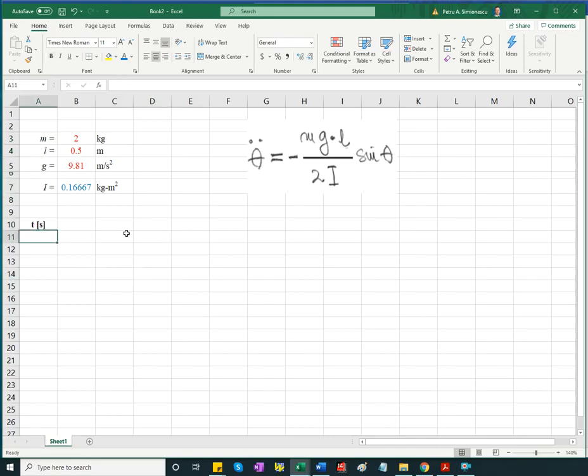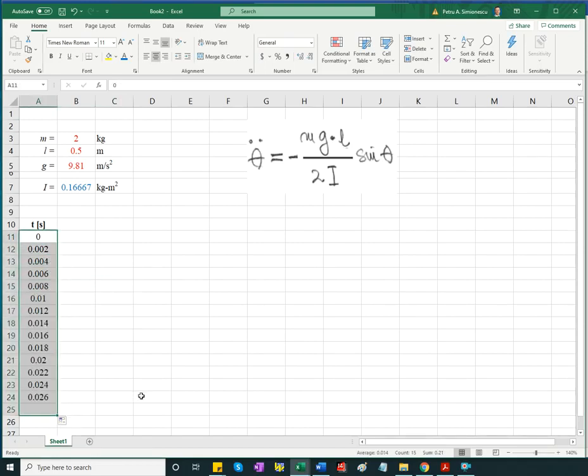And so again, this is the independent variable. 0 first row. The next one 0.002 and 0.004, 0.006, and this is enough for Excel to understand what I plan on doing.